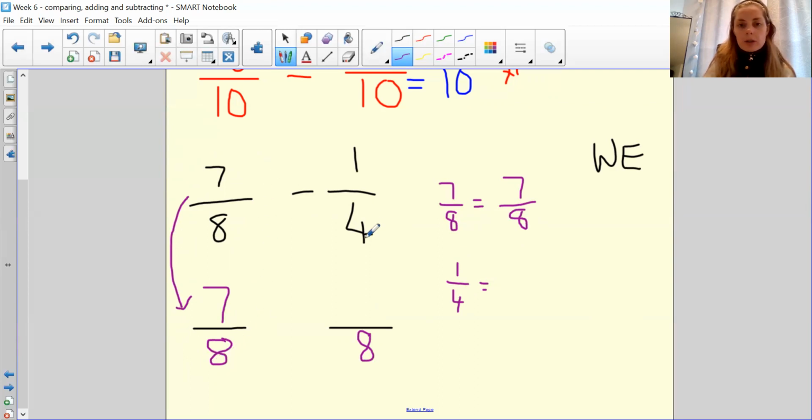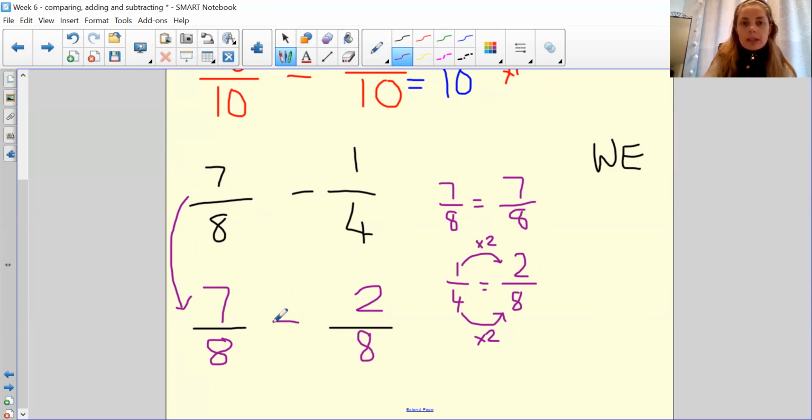Right, now I have a quarter and I want to make an equivalent fraction. So I've got my 8s here and I'm saying, what did I do to the 4 to get 8? I multiplied it by 2. So what must I do to the 1? I need to multiply it by 2, and 1 times 2 is going to be 2. And therefore, I put my 2 at the top here, and I put my subtract.